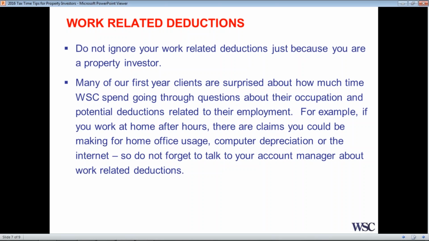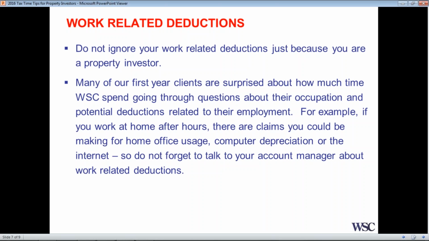Certain occupations allow additional deductions from the tax office, and certainly if you work at home, there can be claims made for home office usage, computer depreciation, or the internet. So don't forget to keep receipts, of course, and talk to us about those work-related deductions. It's really, really important. There have been cases where clients have been missing out on many thousands of dollars worth of deductions in relation to home office.